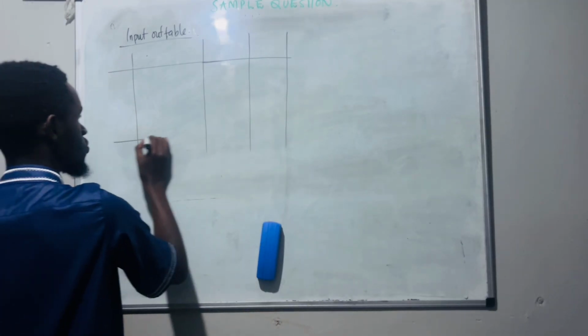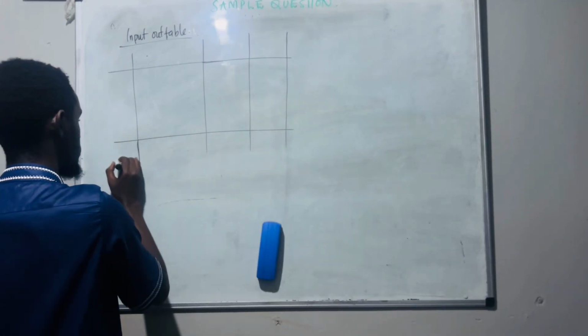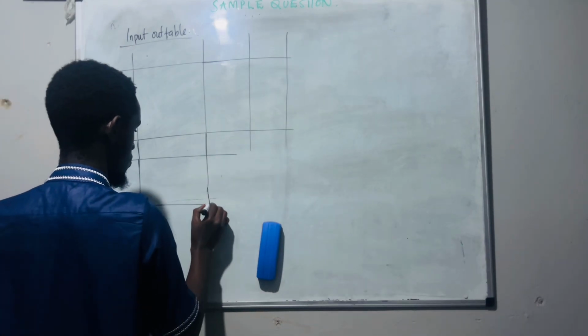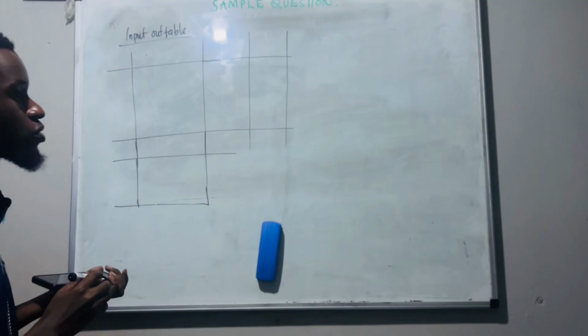We have sections of the input-output table. I think you recall.